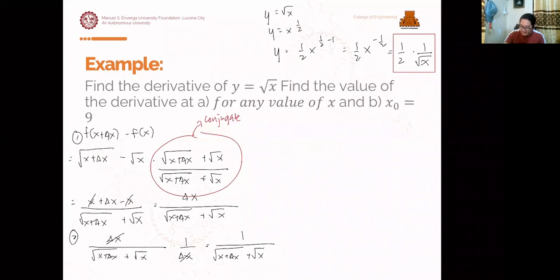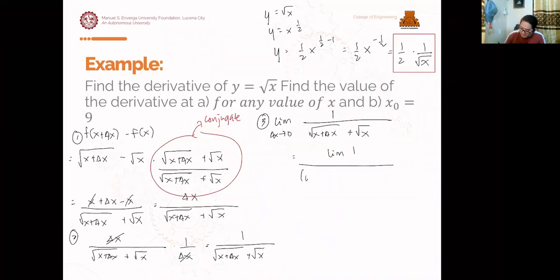Okay, sa number 3, ilalagay na natin siya sa limit, no? So limit of delta x is approaching 0, 1 over square root of x plus delta x plus square root of x. Okay? So mangyayari, substitute natin. So this will be limit of 1, and then si radical sign again, pwede natin i-change into exponent form, no?